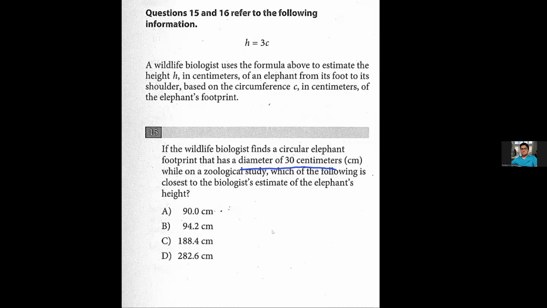So from diameter to circumference, it's 2 pi r, 2 pi times the radius. The radius would just be the diameter divided by 2. So it would just be 15 times 2, so 30 pi is the circumference, which we just plug into our calculator. And then after that, we would have to just multiply by 3.